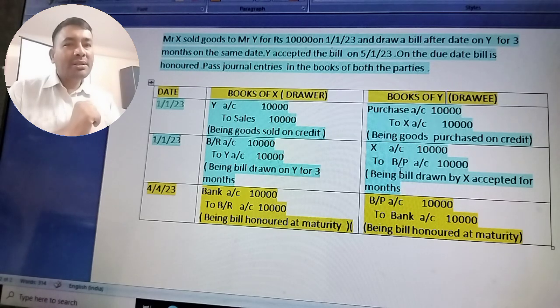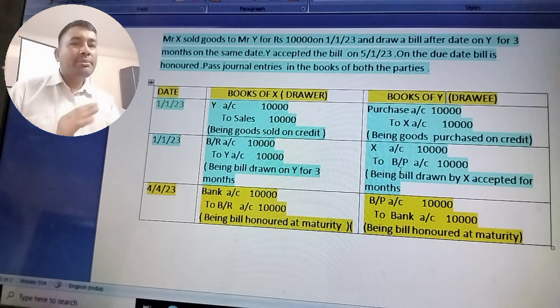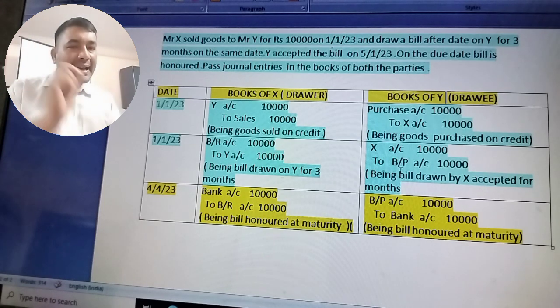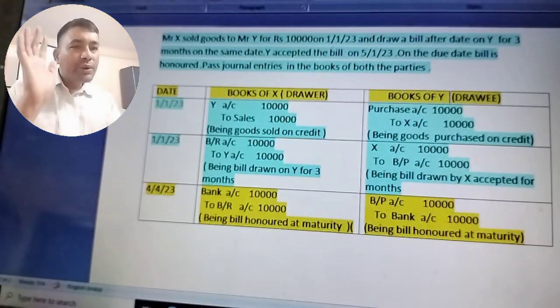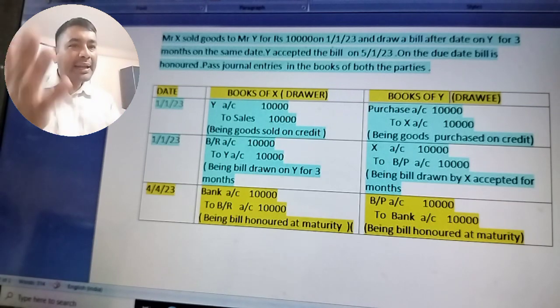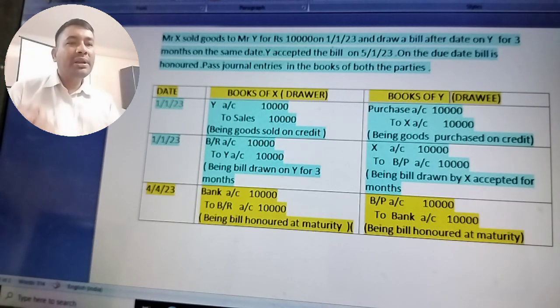After accepting the bill, the drawee will pass the entry drawer to bills payable. X is the drawer, and bills payable is 10,000, being bill drawn by X and accepted by Y for 3 months.